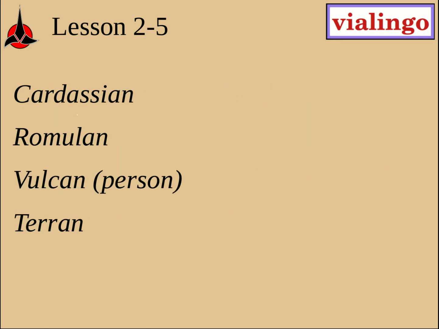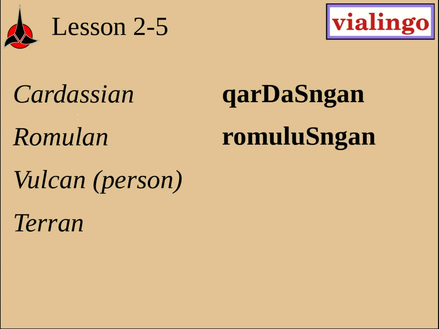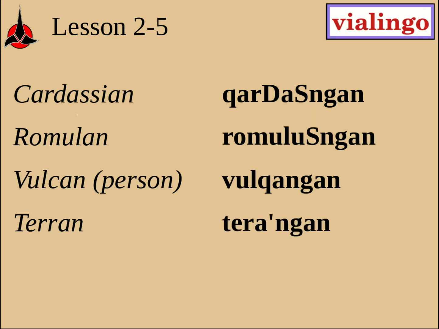How do you say in Klingon Cardassian? QuarDaSngan. Romulan. RomuluSngan. A Vulcan. Vulqangan. A Terran. Tera'ngan.